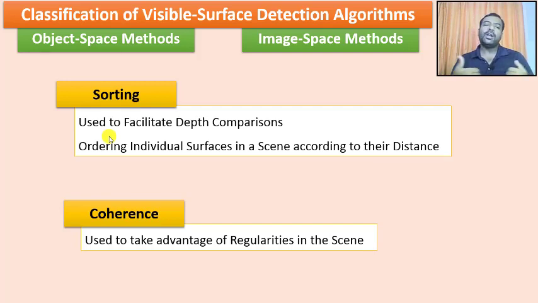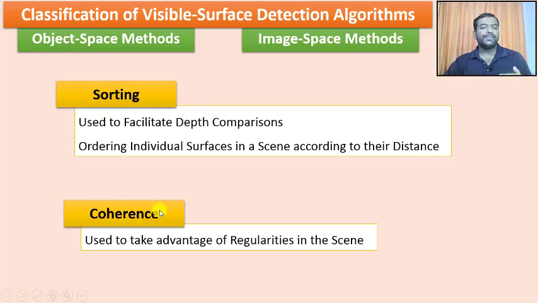Depending upon this, we decide which object surfaces should be visible and not visible. So by sorting, we order the individual surfaces in a scene according to their distance with respect to the center of projection. So from the center of projection or from the view plane, what is the distance of every surface in the scene of an object? Depending upon this, we are going to sort.